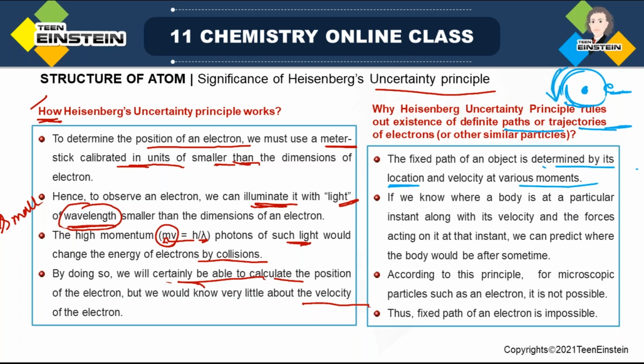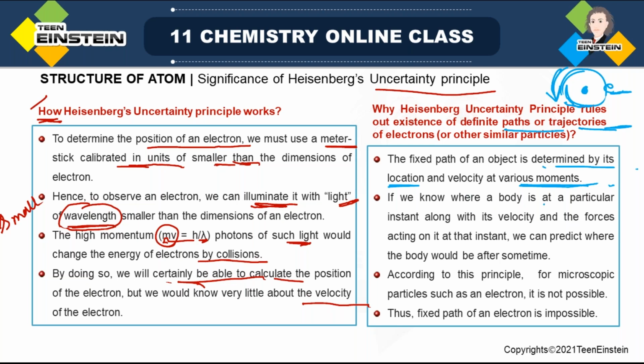That means if we want to know the fixed path, you have to know its location at a particular moment, and also after some time what its location will be. Then only you can understand the trajectory through which it is moving. So the location and velocity at different moments, this information we must have if we are predicting a fixed path.